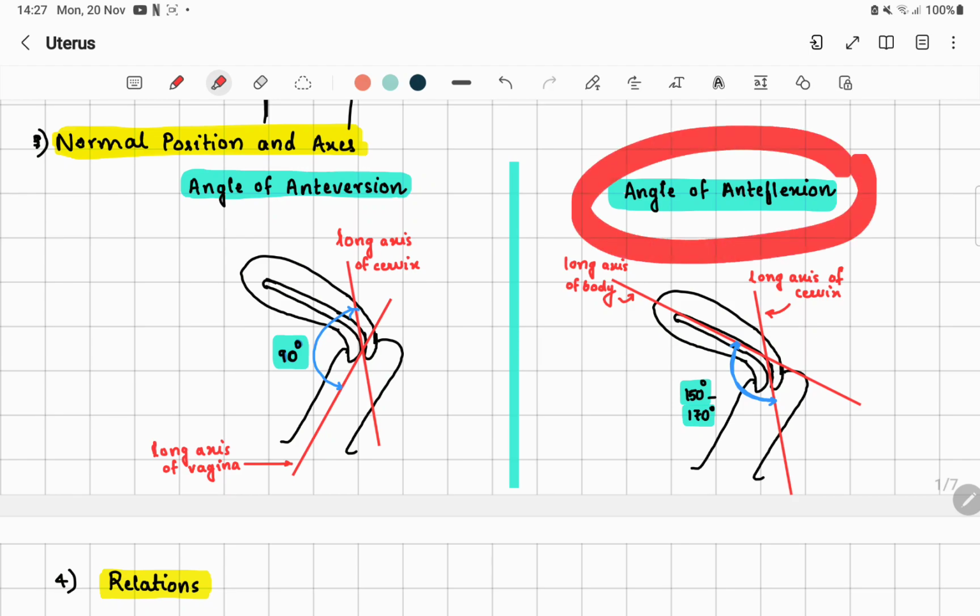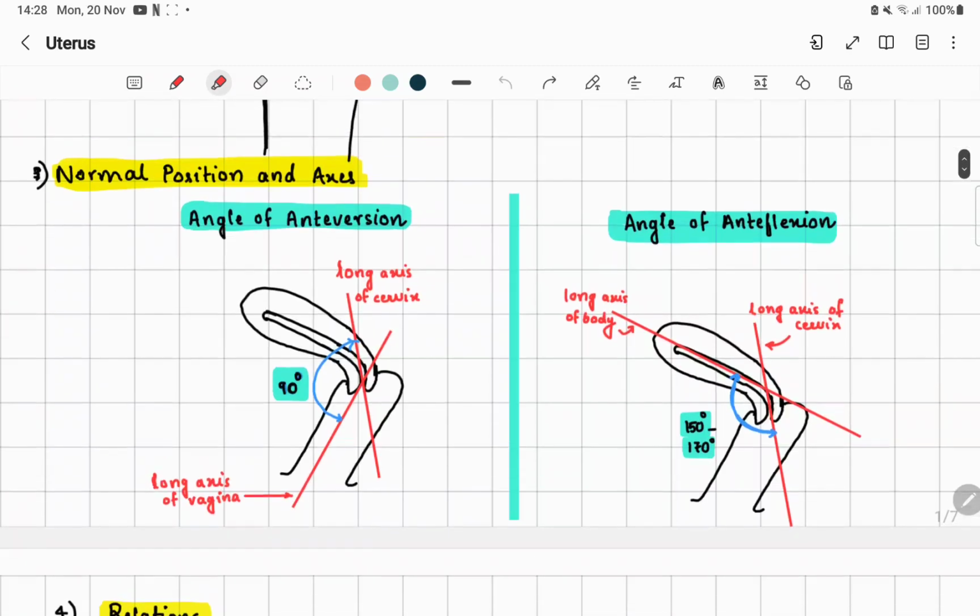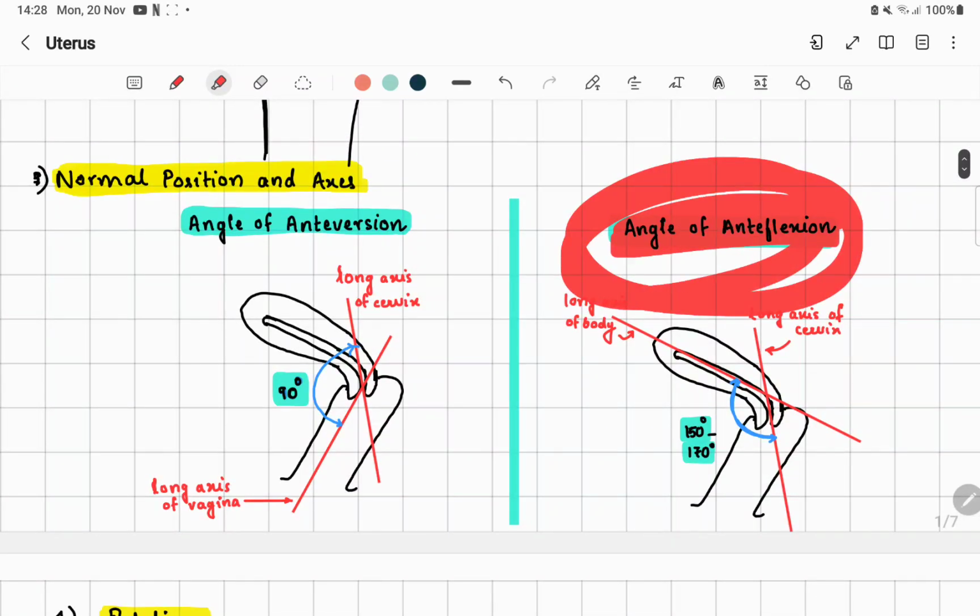What is the angle of anteflexion? The long axis of the body of the uterus and the long axis of the cervix form an obtuse angle of 150 to 170 degrees. This is called the angle of anteflexion.